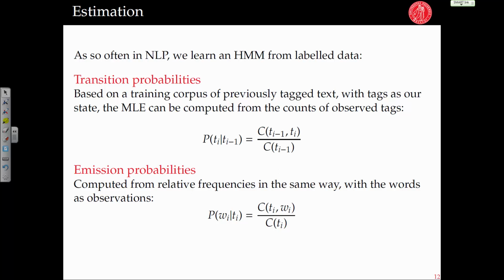We count how many times this given word was tagged with the part of speech tag T_i, and then normalize that by the number of times we see this particular part of speech tag in the full data set. So these are the basic computations that we need to do to learn the model parameters.